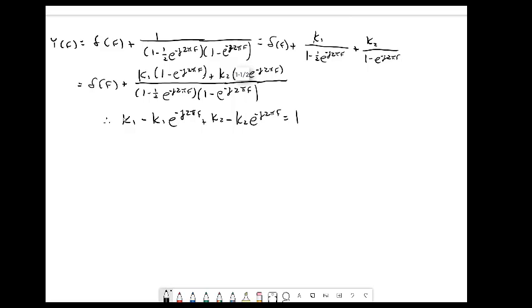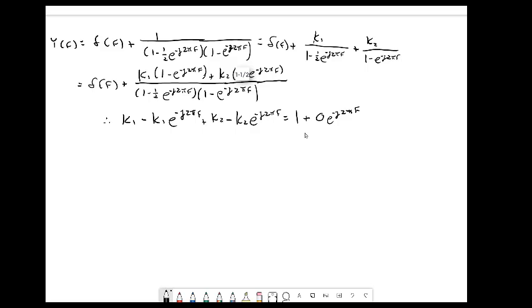And now, okay, I've got a real valued 1 on this side. So I see a couple of real valued things, but I also see some exponentials over here on one side that I don't have on this side. So just to remind myself that I've got to have an equivalence here, I'll say this side is 1 plus no e to the minus j2 pi f's.